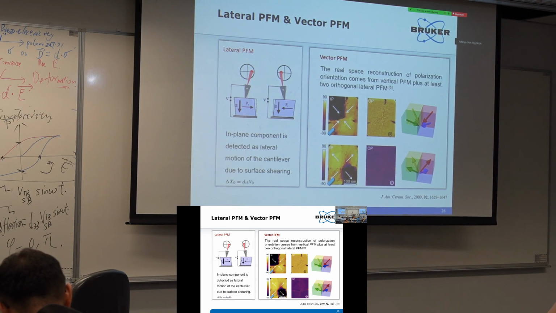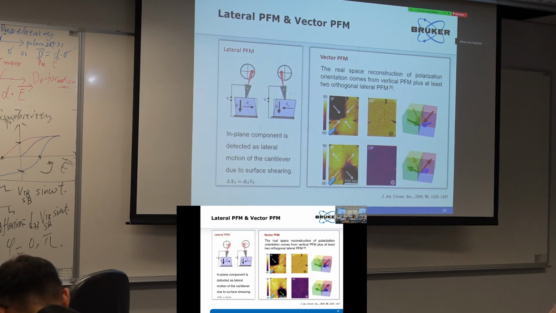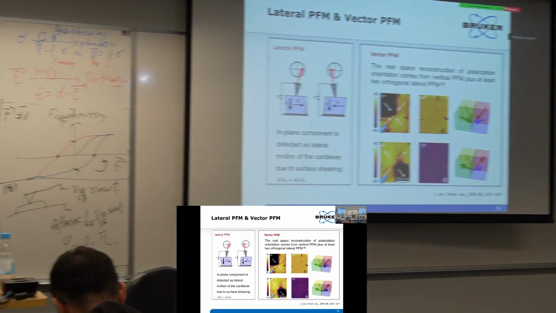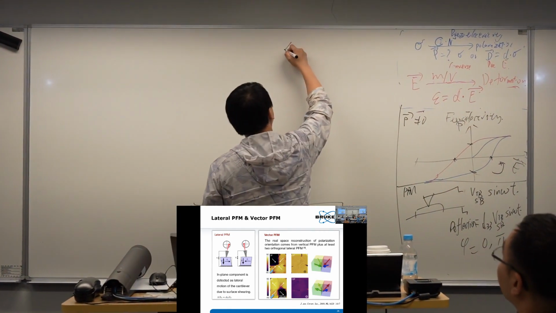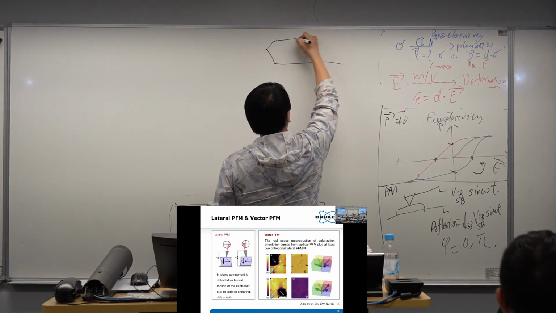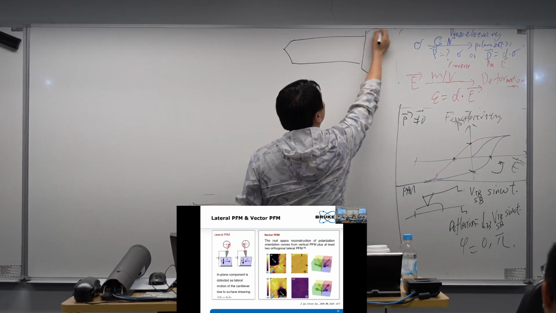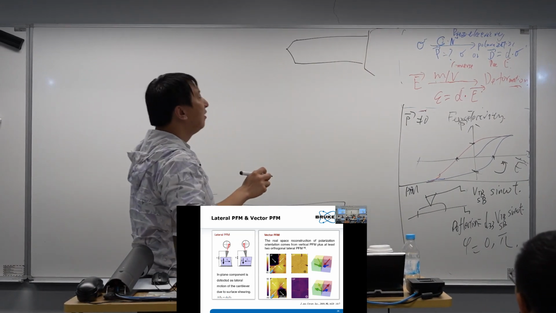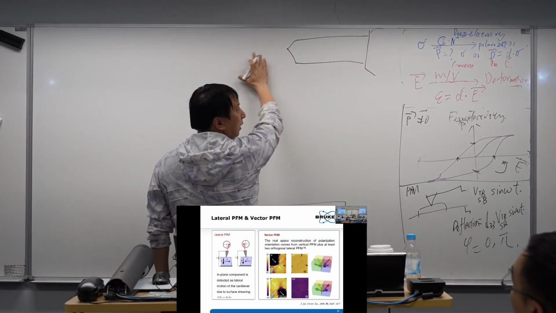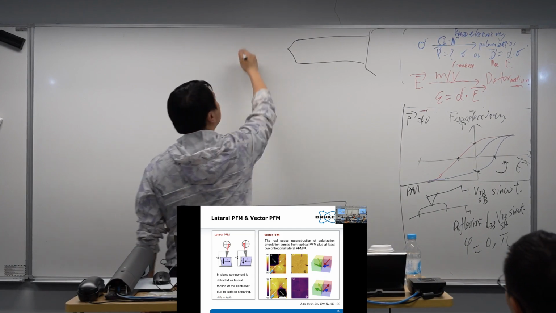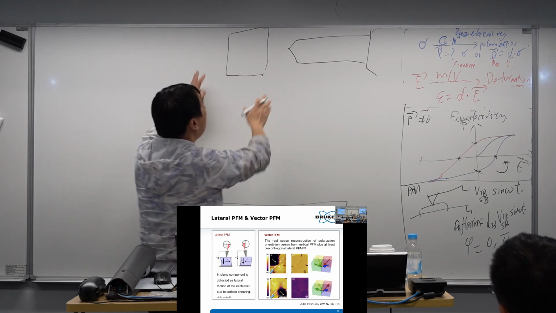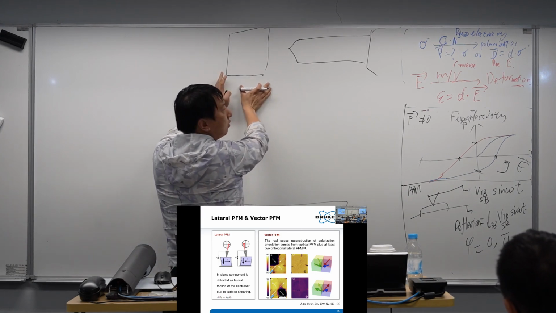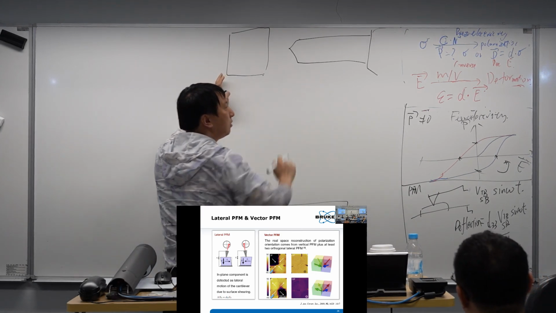Okay, so let's use the probes. Let's use the AFM cantilevers to take a look. So here is my AFM probe. Then I place my crystal on the structure, beneath the probe.